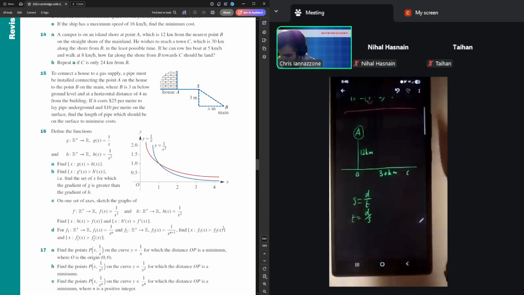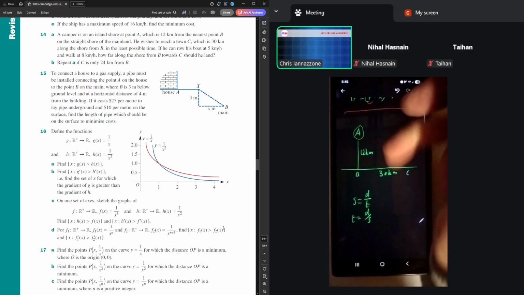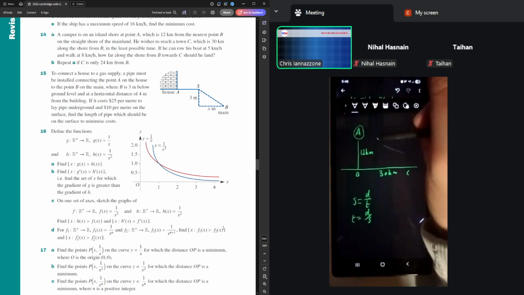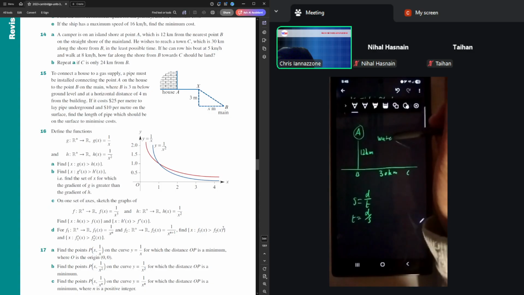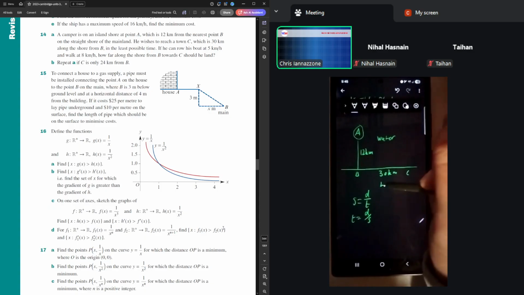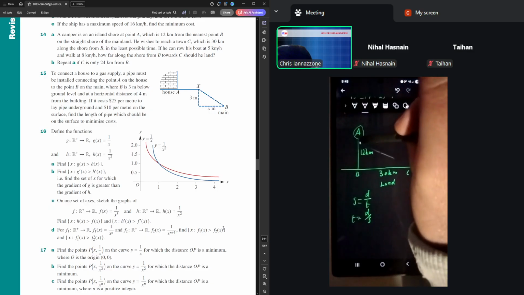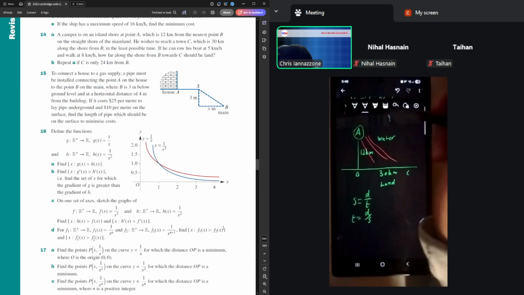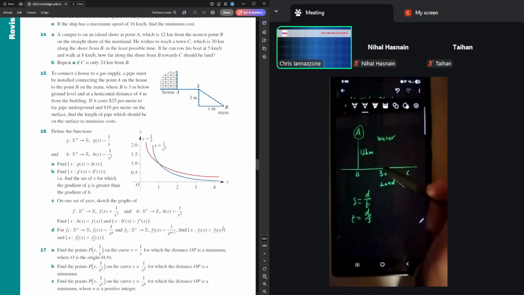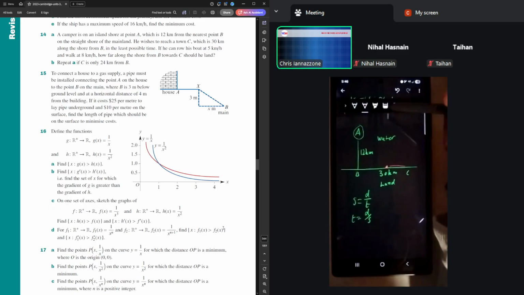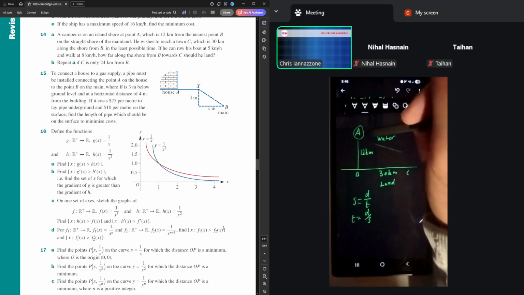So this is all water and this is your land. Whatever travels in this direction is on water, and whatever you add up on this horizontal line is going to be what your walking speed is.